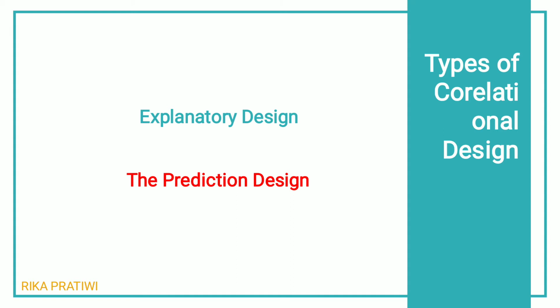The purpose of a prediction research design is to identify variables that will predict an outcome or criterion. In this form of research, the investigator identifies one or more predictor variables and a criterion or outcome variable, the outcome called the criterion variable.